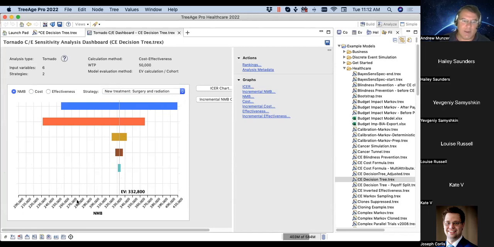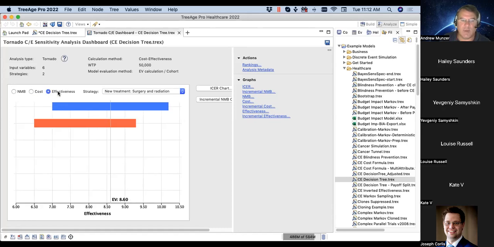But what the graph is telling you is, yes, I changed all these inputs, 6 of them, and they had impact on both the NMB of each strategy, the cost of each strategy, and the effectiveness of each strategy. Again, when you want to get to the details, now you've got to dig in here, but you're at least getting an essential overview of what happened to your results when you varied all those inputs independently.